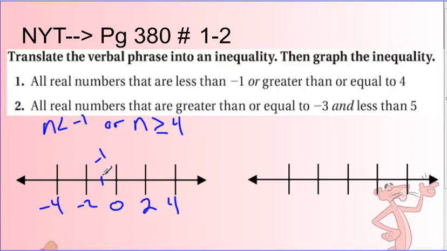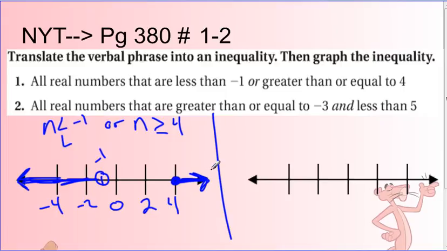I need a hollow dot at -1, a solid dot at +4. We're shading less than -1 to the left, L left, less than. And we're shading greater than +4, which is this way. That is number 1. That's the graph of this, and this is the inequality.